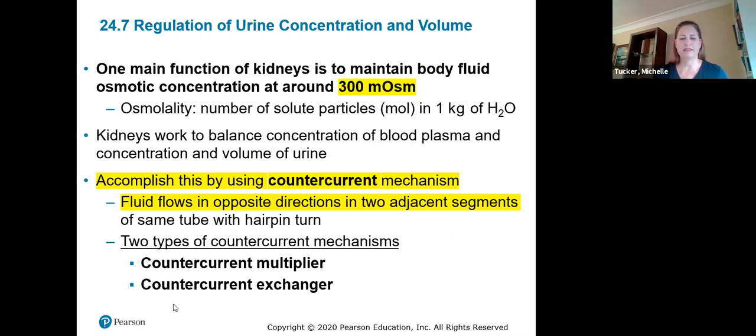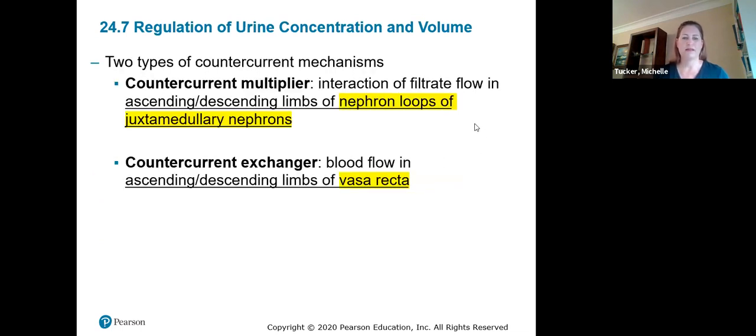The second is accomplished by the vasa recta. This countercurrent exchanger, the vasa recta, maintains this gradient, but it still reabsorbs water and salt from the nephron loop. So, two types of countercurrent mechanisms.